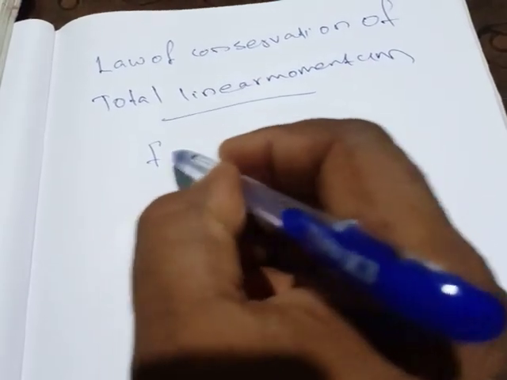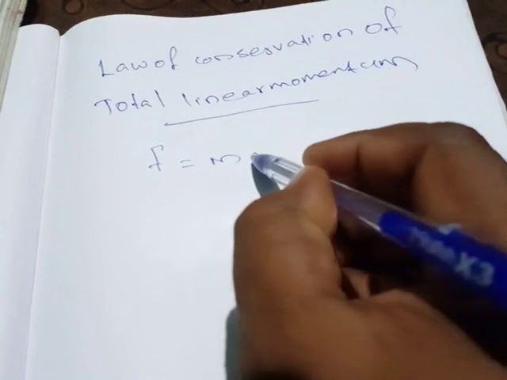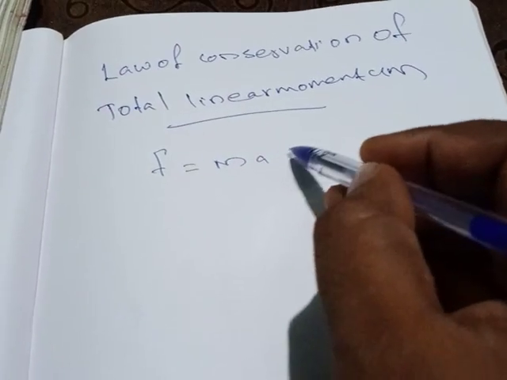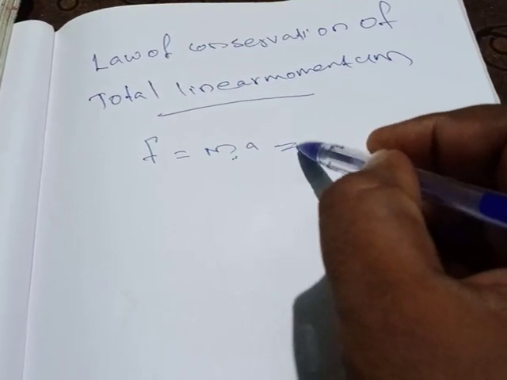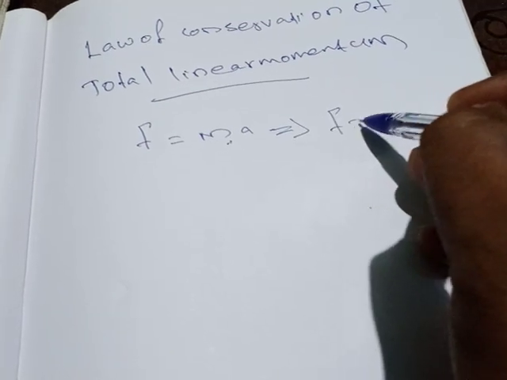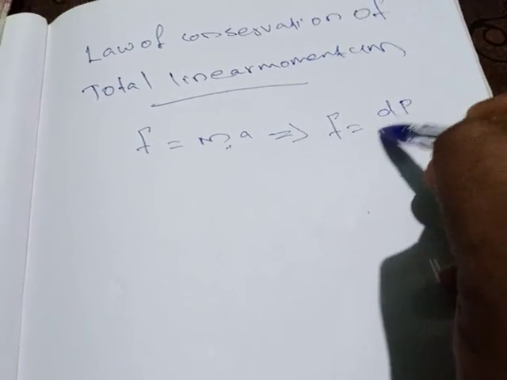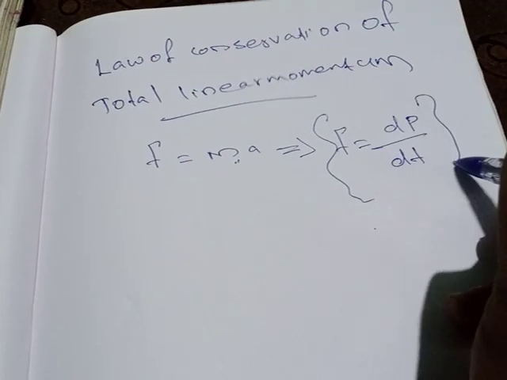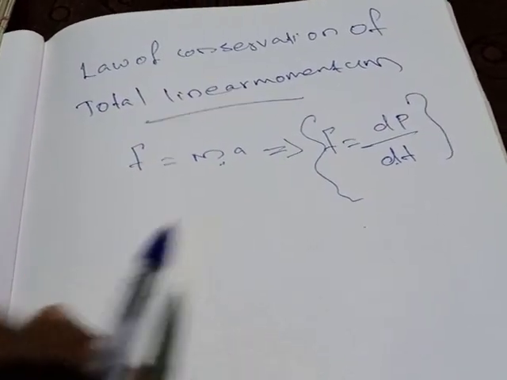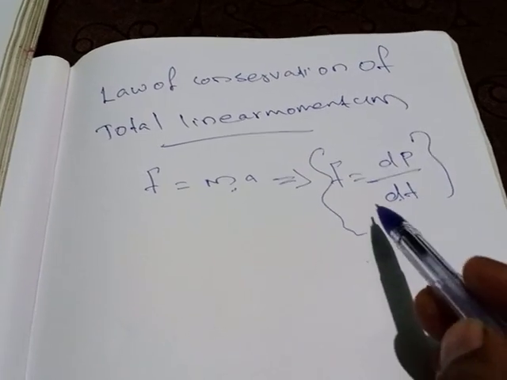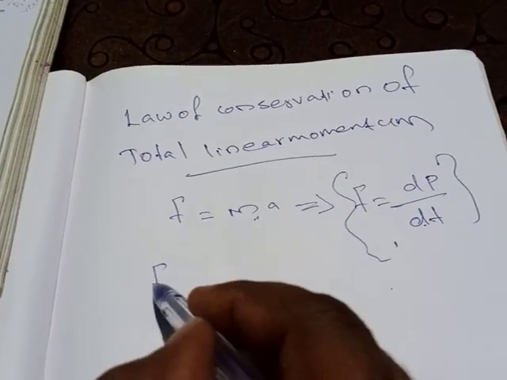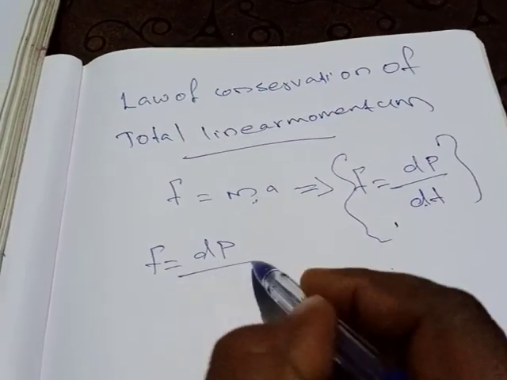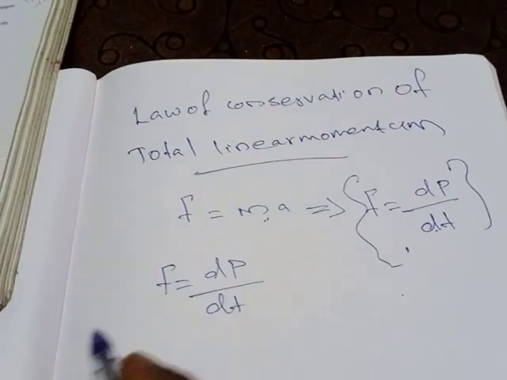We know that F is equal to ma. That is Newton's second law, and this equation came from F is equal to dp by dt. So here we are going to prove momentum is conserved. For that we can take Newton's second law, F is equal to dp by dt, as well as Newton's third law.